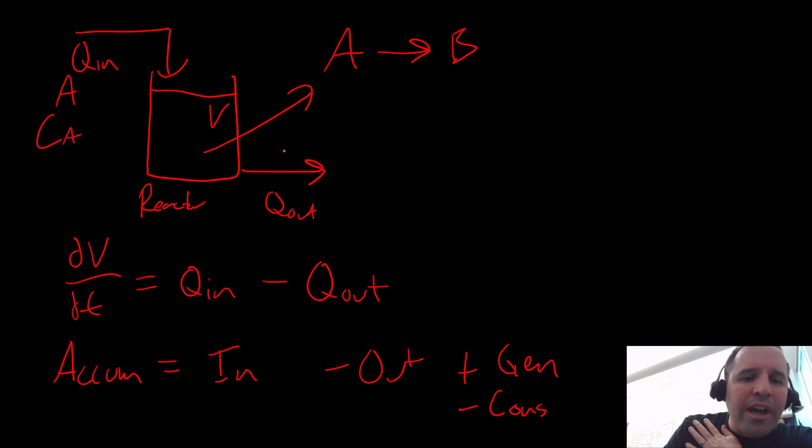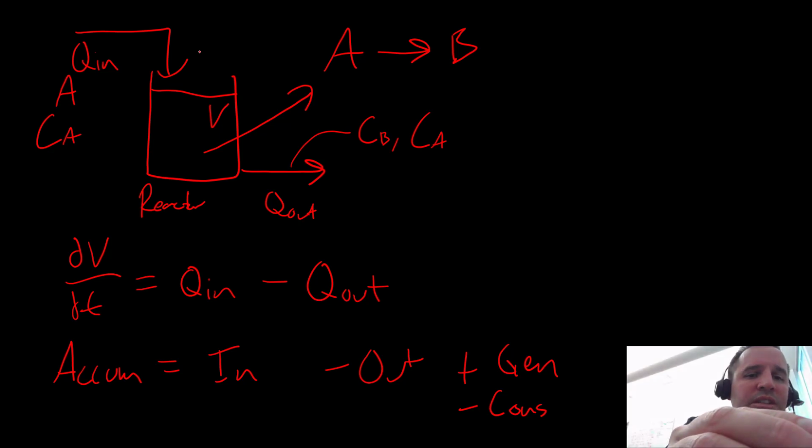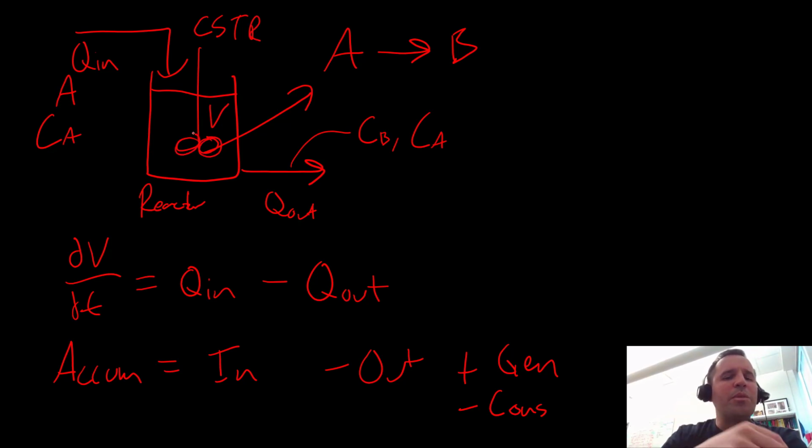Leaving the reactor, we would have some concentration of B, but because the reaction may not go to completion, we also might have a concentration of A. We're going to use the assumptions of a CSTR, and this is an impeller here, which spins and keeps everything well mixed. So the assumption with a CSTR is that the concentrations are uniform throughout the volume of the reactor.